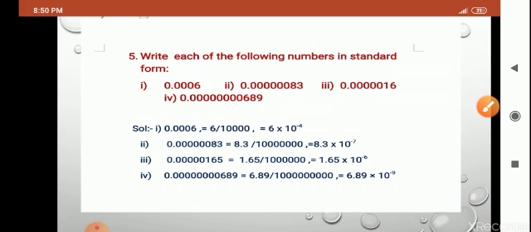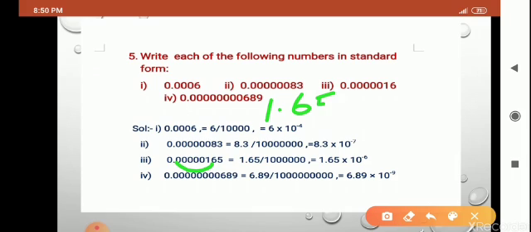Same for question number third part, 0.0000165. Here we also move the decimal to 1.65. First of all we write 1, then .65 into 10 to the power, then count the number of digits before 1, 1 2 3 4 5 6, that is 10 to the power minus 6.